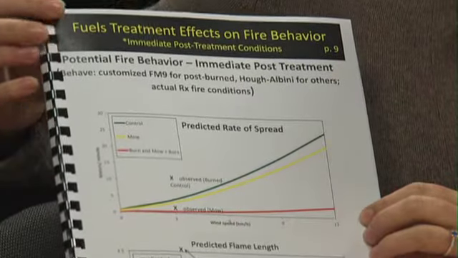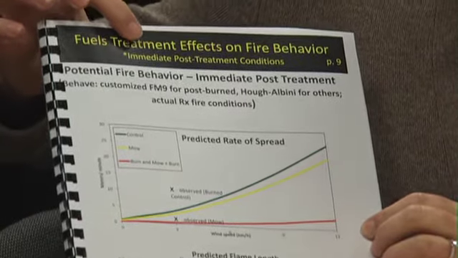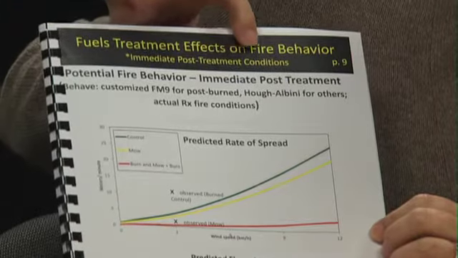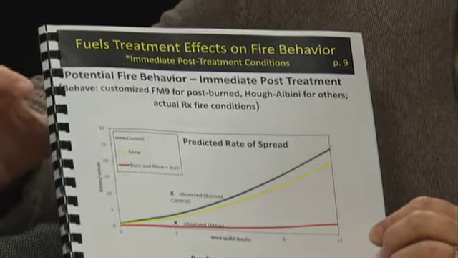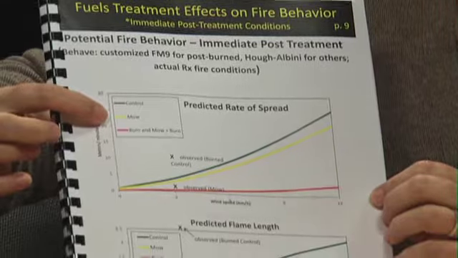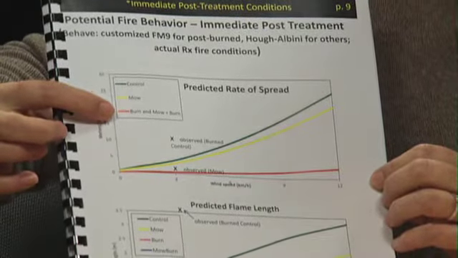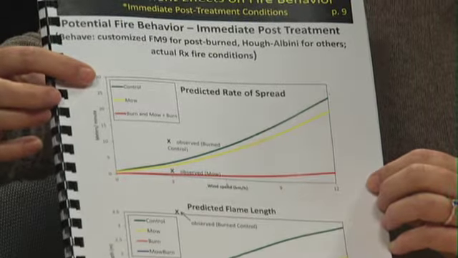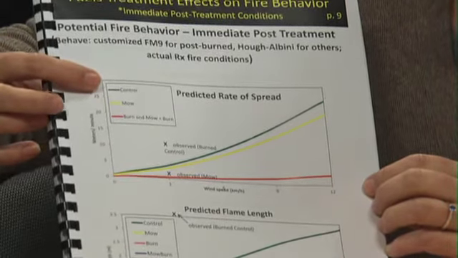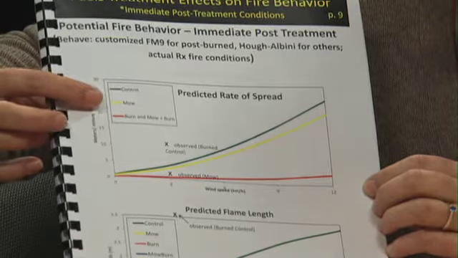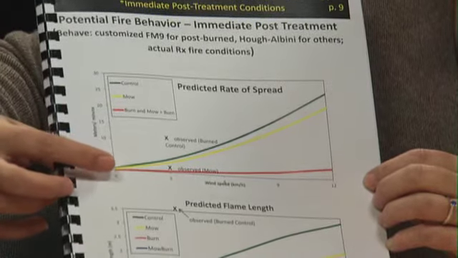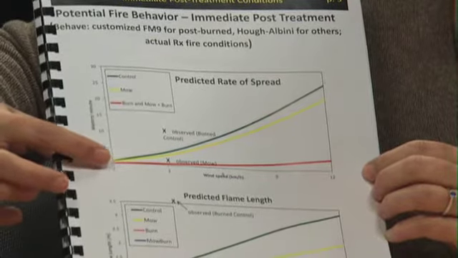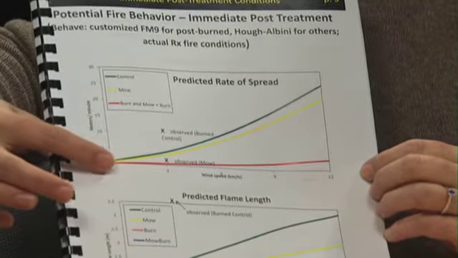So we looked at a couple of different effects, and we addressed potential fire behavior looking at immediate post-treatment conditions. Immediately following mowing is shown in the yellow, burning plus mowing is shown in the red, and the control or untreated sites are shown in the green. What we saw immediately following the treatments is that the burn and mow plus burn were similar.